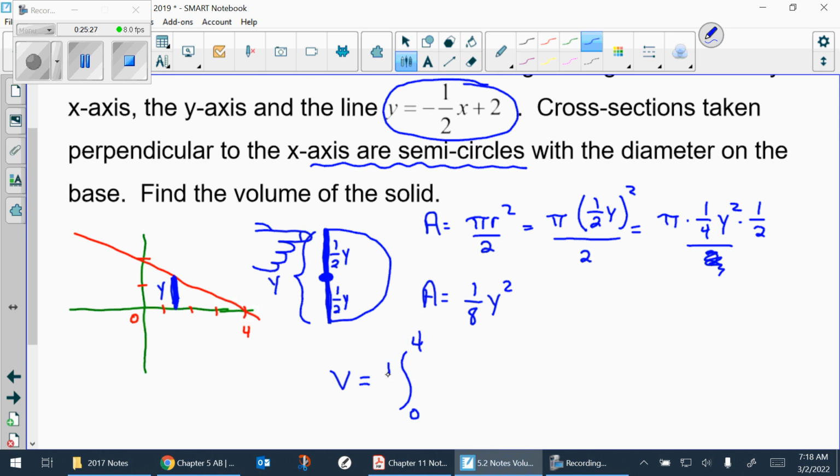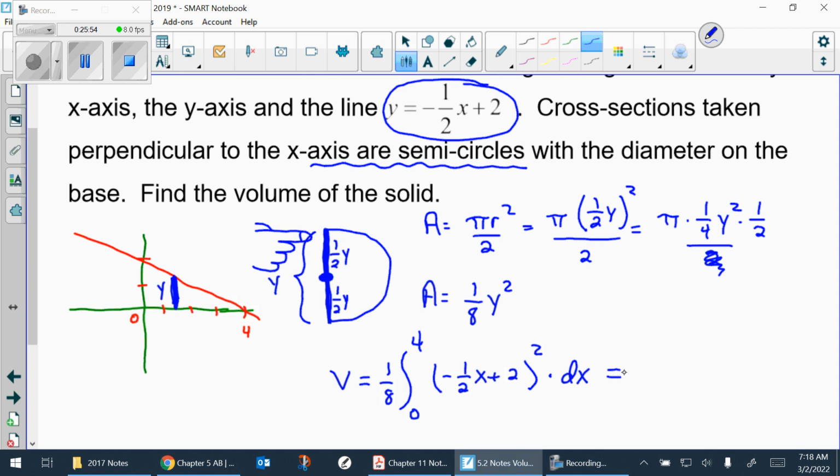The volume is going to be 1/8, but instead of y squared, negative 1/2 x plus 2 squared times the thickness of each slice. And with the assistance of our calculator, we add an infinite number of these guys together.